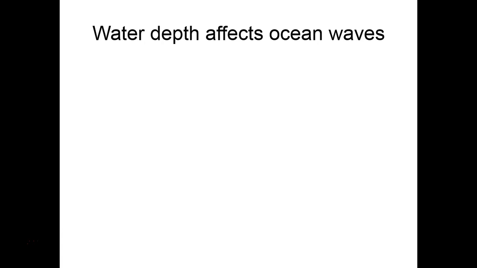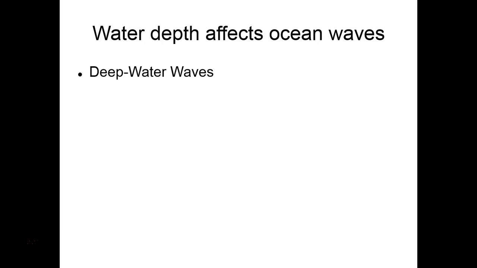Okay, because sometimes the wave base is deeper than the actual depth of the water, sometimes you have the bottom that's affecting the wave. And sometimes the wave base is much higher than the actual depth of the water, and therefore the bottom's not affecting it.